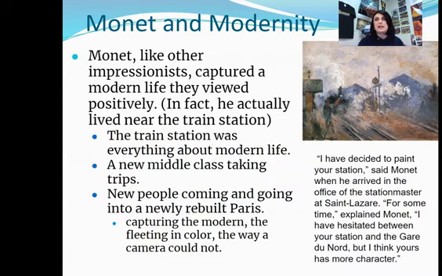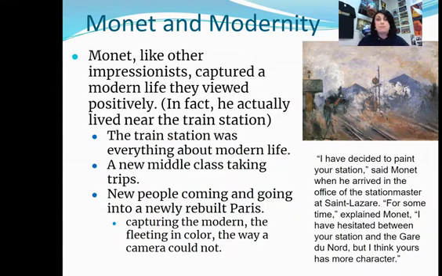Progress was positive. Anything moving forward, because France has been through 2 revolutions, is great. And trains to him were all about moving forward and advancing, not this ugly thing of industry approaching, but just the modern world that they're living in. And he wanted to capture that in a modern way by using the Impressionist painting style.